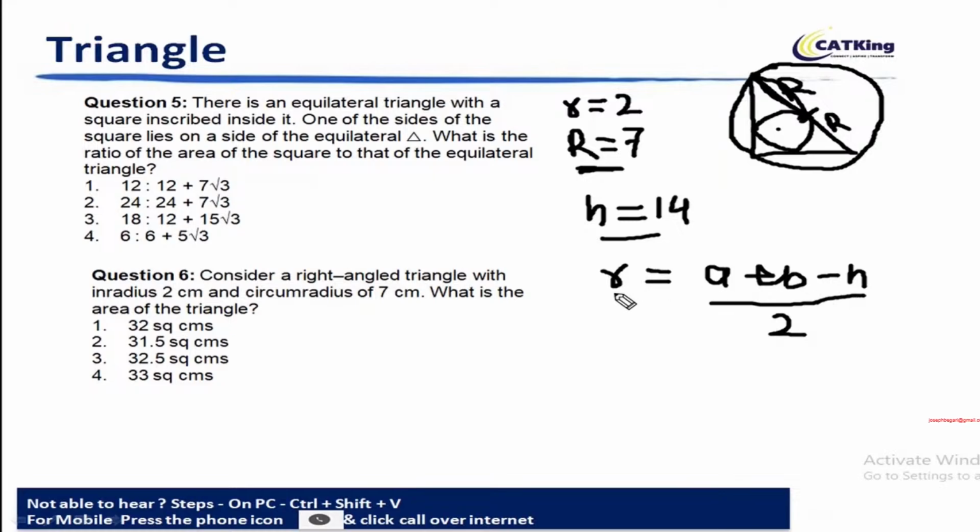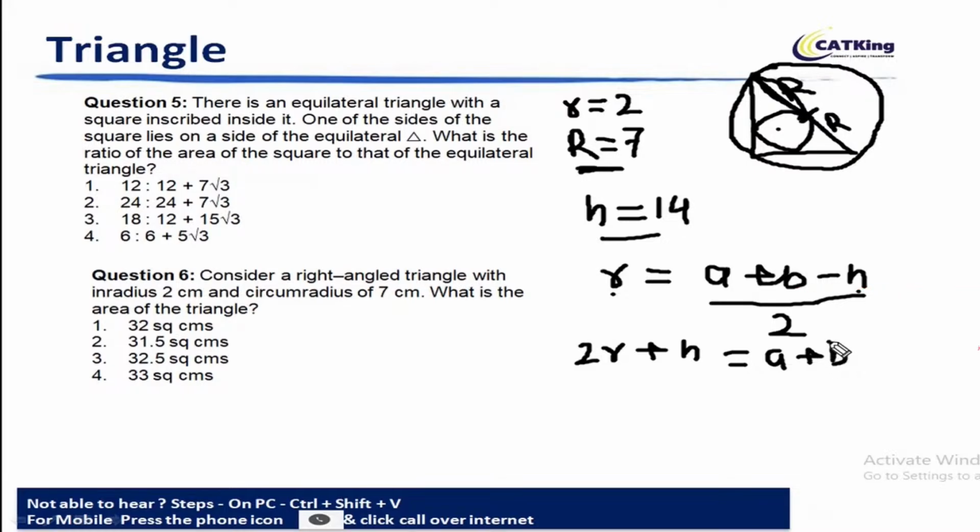So here we already know the value of r, we know the value of h. So a plus b will be 2r plus h.